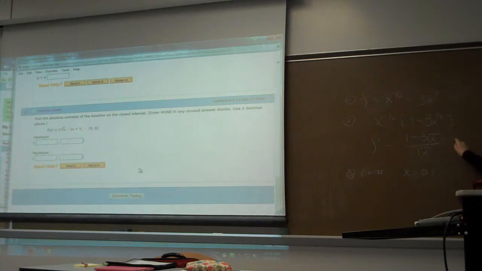If you make that 0, that means 1 had to equal 3 square root of x. If you move this to the other side, it means 1/3 had to equal the square root of x. It means x must have been 1/9. So that's your other critical value.